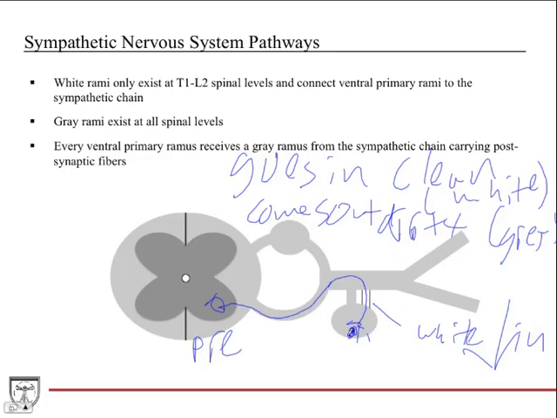So here's a cell body here. You have a postsynaptic neuron, comes out here, re-enters the spinal nerve. So it synapses in the sympathetic trunk, and then it comes back and re-enters the spinal nerve. And then it can exit either through the dorsal and go innervate the skin of the back or other structures, or it can go through the ventral ramus and go through and innervate organs throughout the body.